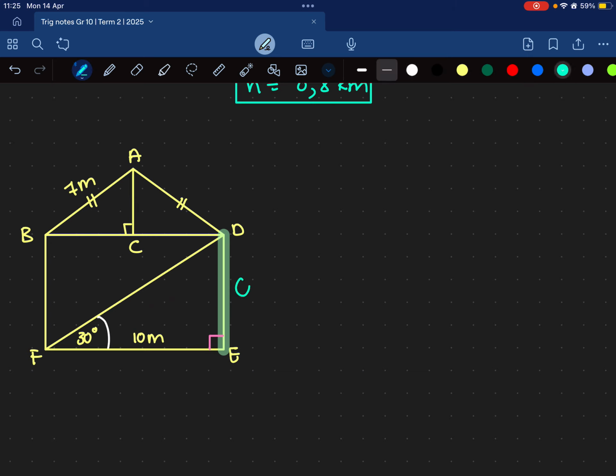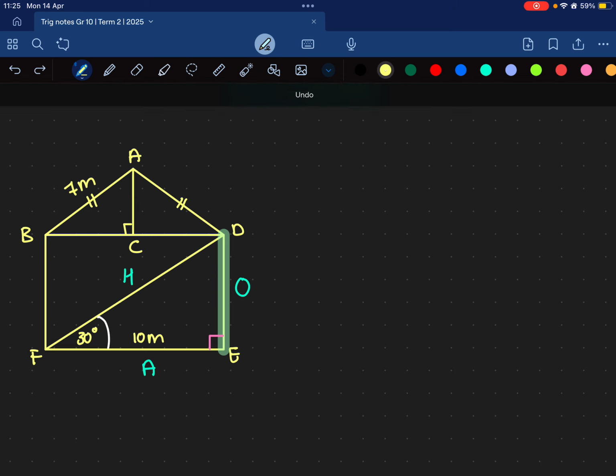So I would call DE the opposite. I have the hypotenuse and I have the adjacent. So what is given to me is the adjacent, and I want the opposite. So adjacent and opposite is of course going to be tan. So this is number 1.